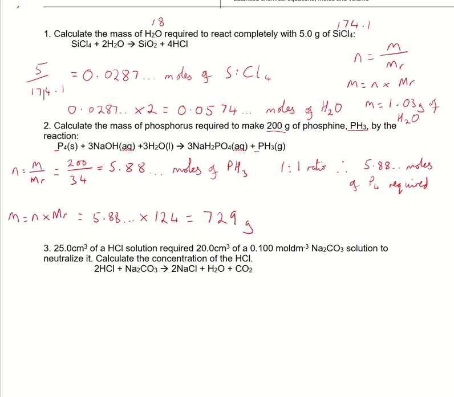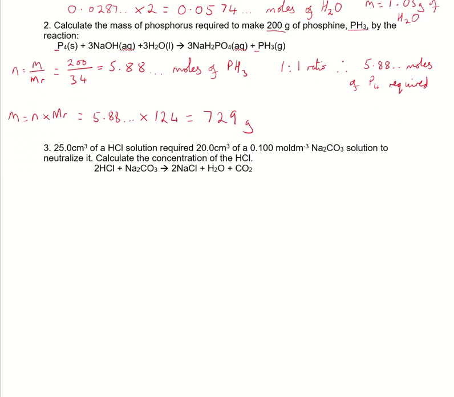Now the final one. 25 cubic centimeters of a hydrochloric acid solution required 20 cubic centimeters of a 0.1 molar sodium carbonate solution to neutralize it. Calculate the concentration of the HCl. So we're going to be using the equation n equals c times v, or some rearranged form of that. So if it's asking me to work out the concentration of the HCl, c equals n over v.